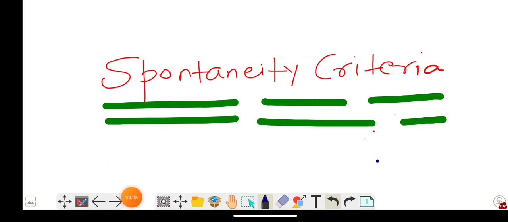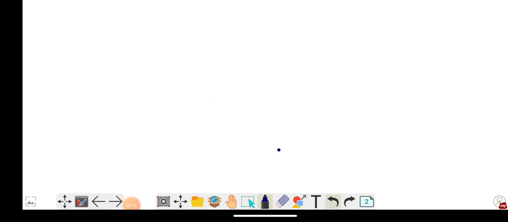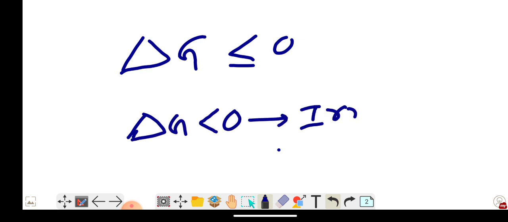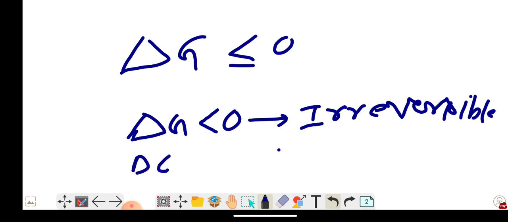So, one criteria for spontaneity of any process that we know generally is del Z is less than or equal to 0. Del Z is less than 0 means the process is irreversible, and del Z is equal to 0 means the process is reversible.